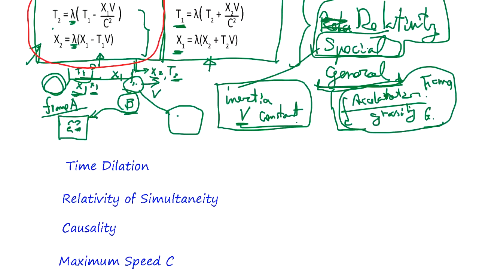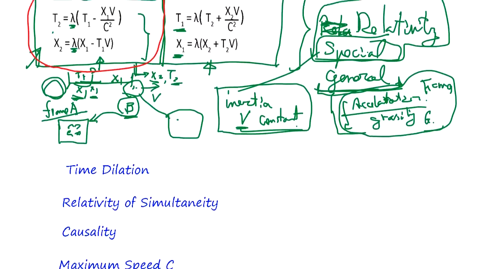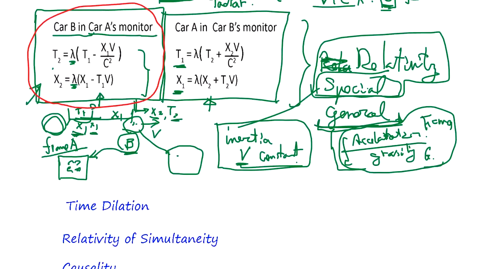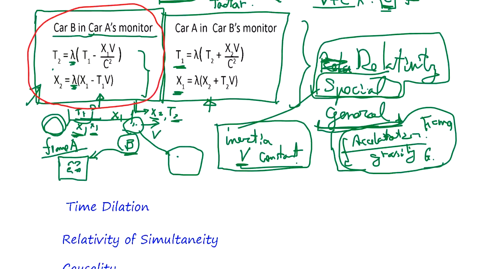So when speed goes faster, close to light speed, then it deviates from the classical Newton's equation and the relativity factor comes in. Okay, this relativity factor has a lot of things in it.